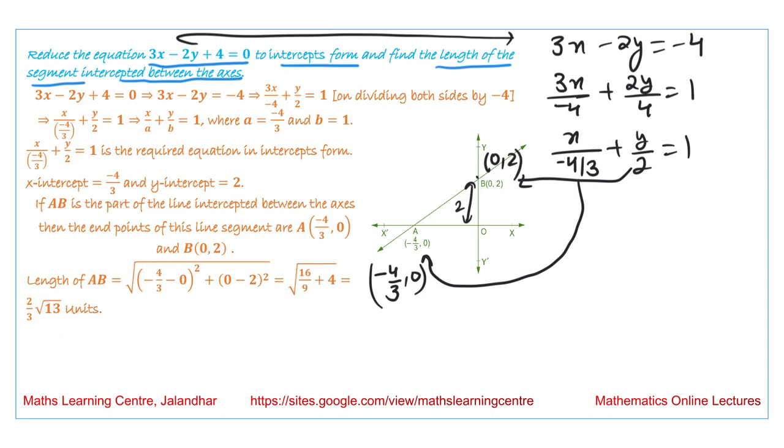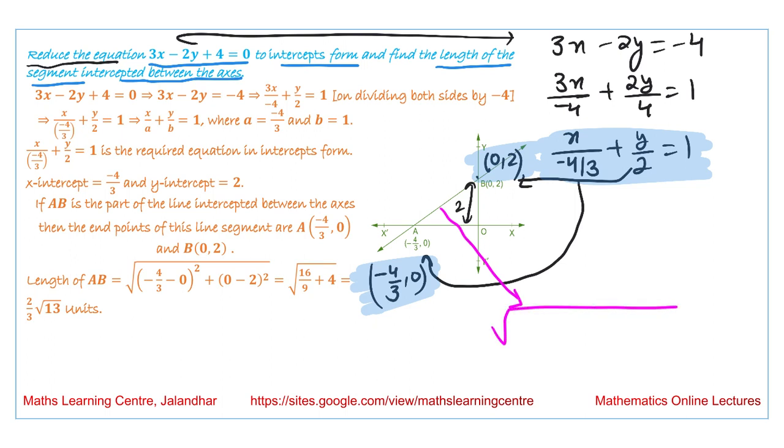So the first thing we have to do is reduce the equation to the intercept form. So we are saying this is the required intercept form. We have obtained these 2 points now. We have to find the length of the segment intercepted between the 2 axes. So we are saying that the length that we have over here is square root of minus 4 by 3 minus 0 square plus 0 minus 2 square.